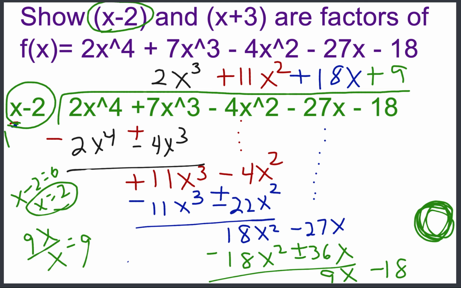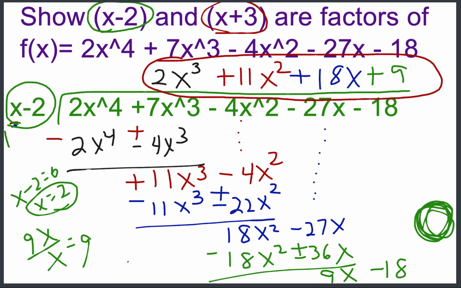Let's go on. Next thing I want to know is x plus 3. Is x plus 3 a factor? Well, to do that, I'm not going to go back to this original long problem. It's long, but I'm going to take this quotient here, which came out as a remainder of 0 again, and I'm going to use it. I'm not going to use this long polynomial.